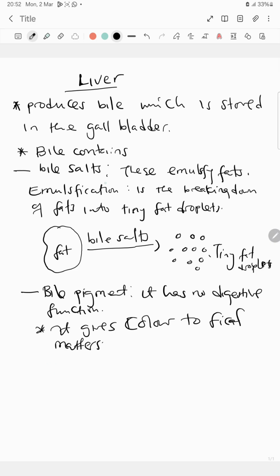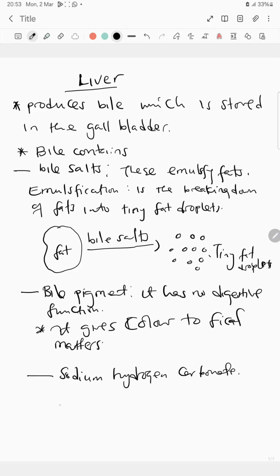Then the other one contained in the bile is sodium hydrogen carbonate.